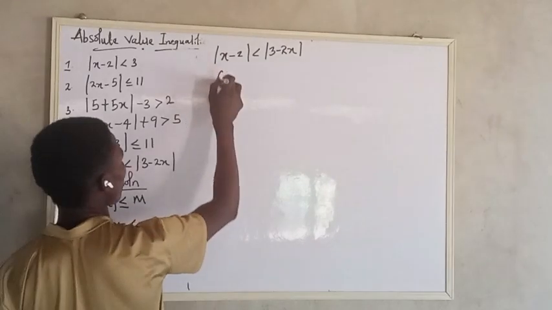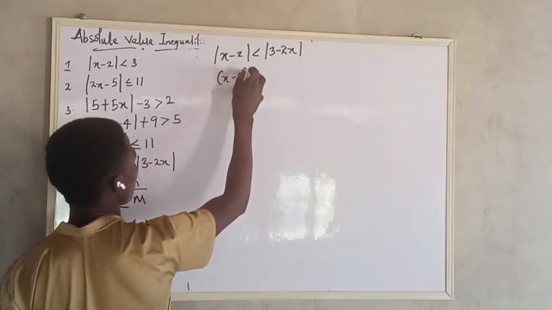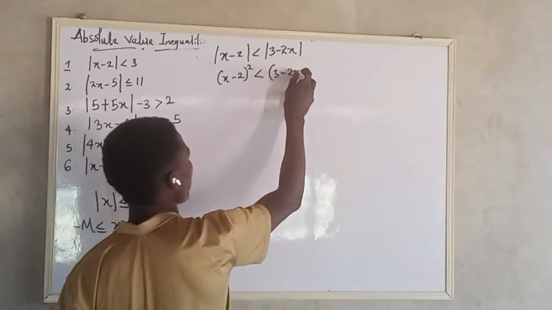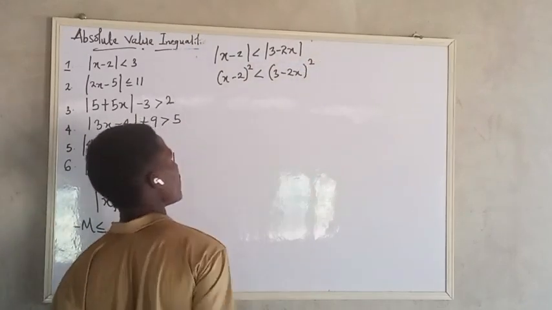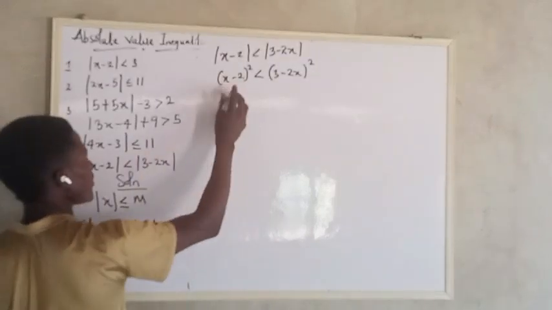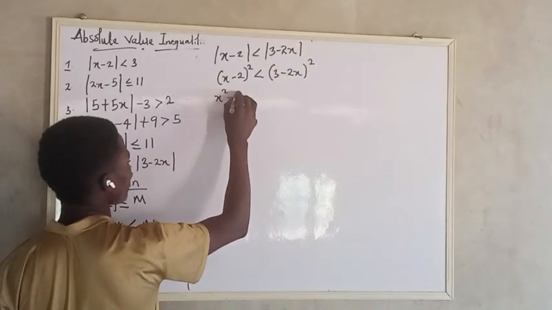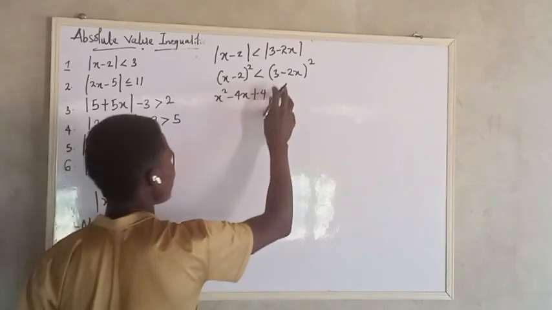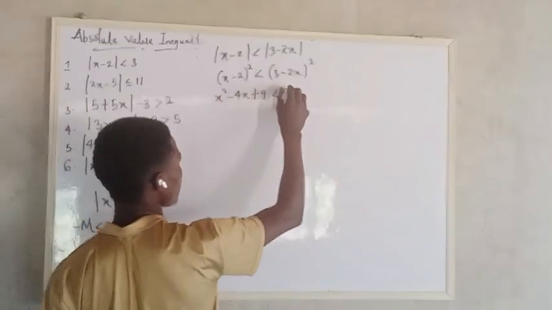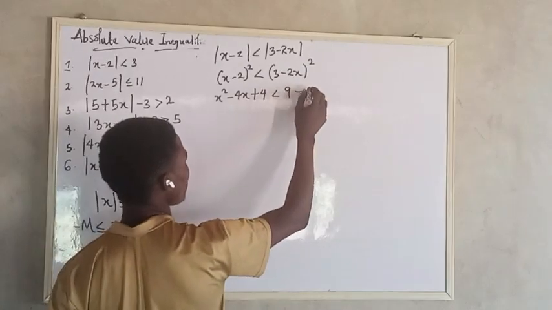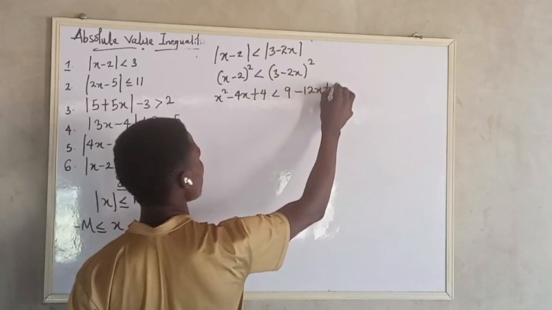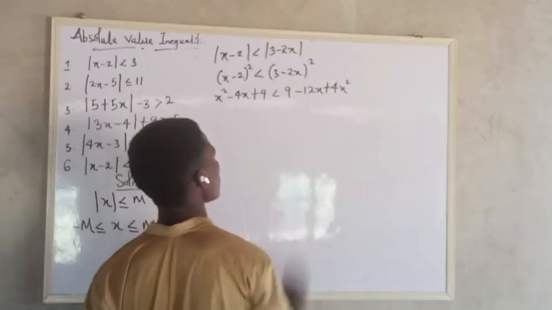So you have x minus 2 all squared less than 3 minus 2x all squared. If you square this, you are going to have x squared minus 4x plus 4 less than, and if you square this, you are going to have 9 minus 12x plus 4x squared.